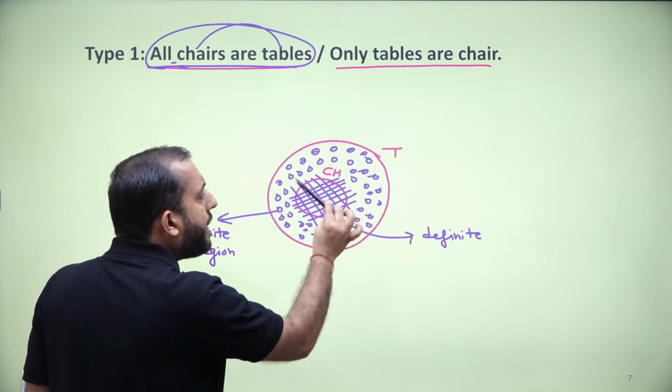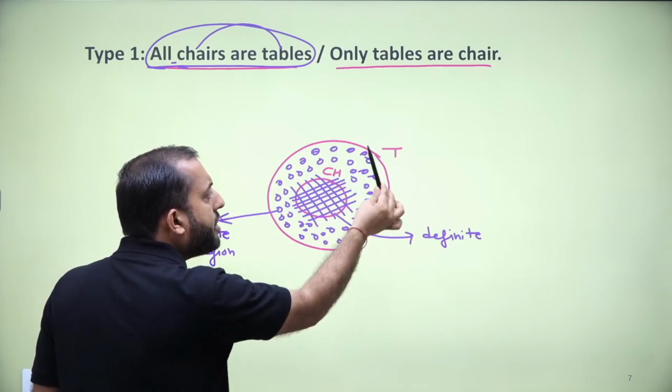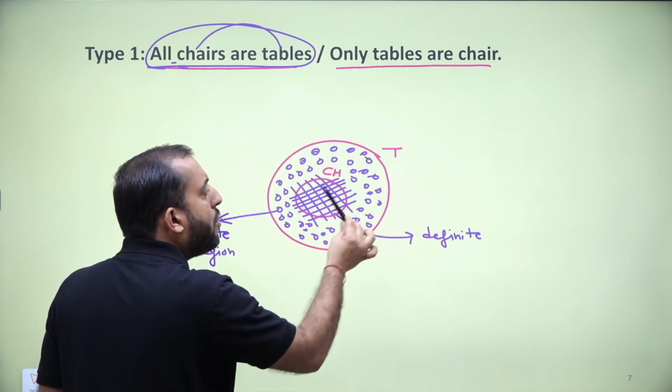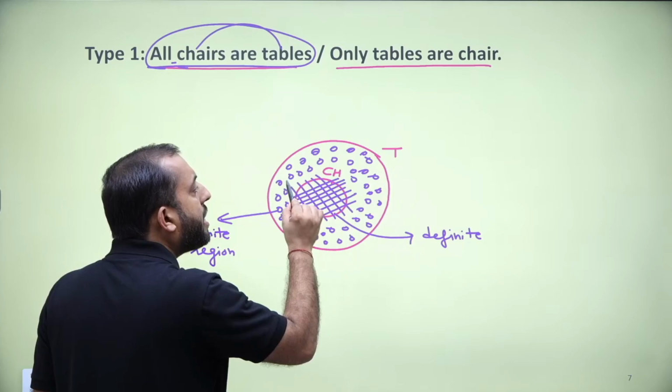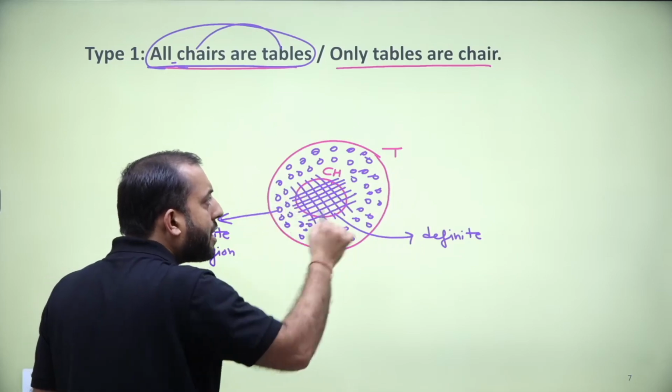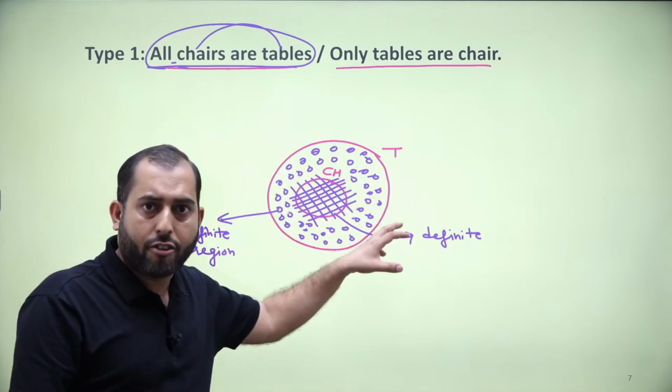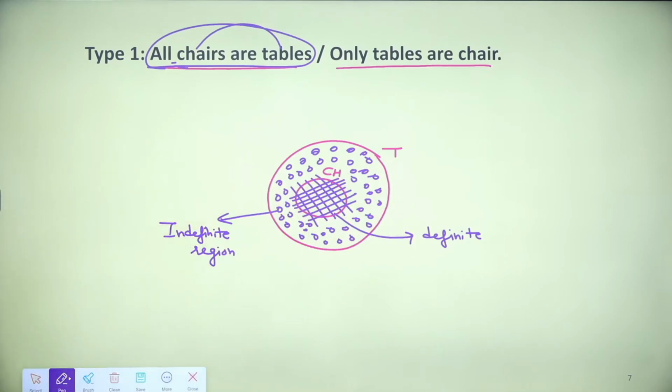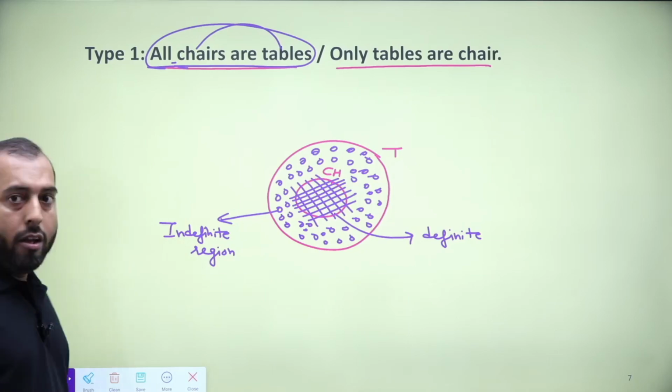The tables lying outside the circle of chair are indefinite for us. We do not have information regarding the remaining tables. Okay, now mark it. Let's move on.